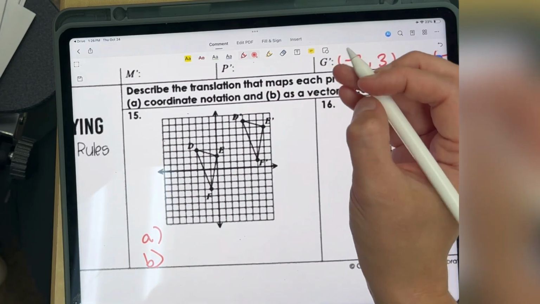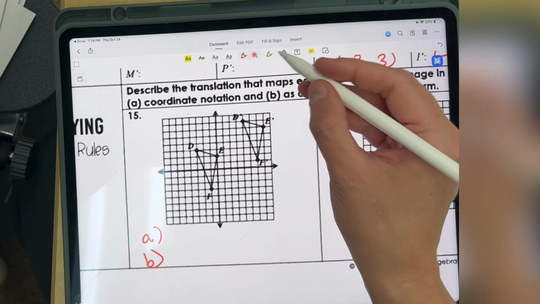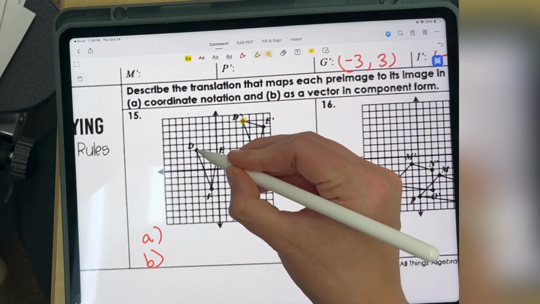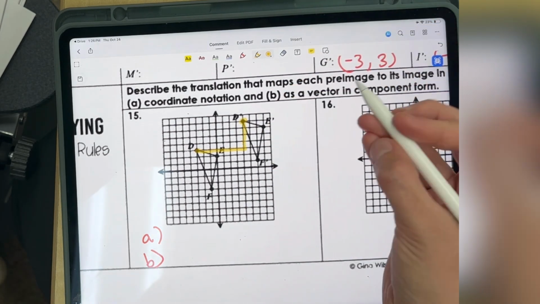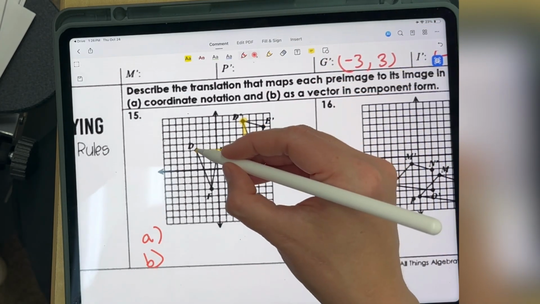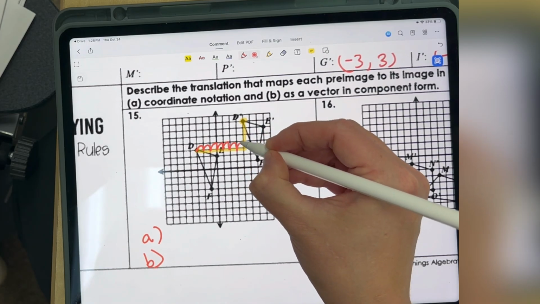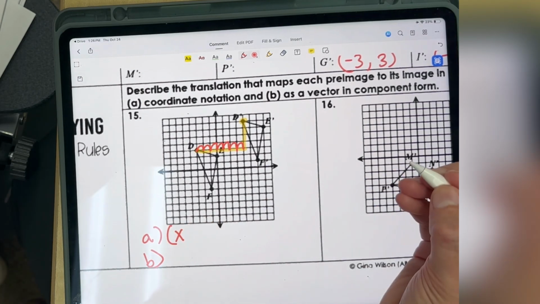All you have to do is count one of them. Sound good? So pick whichever one you like the best. I'm going to start at D. Here is D prime, here is D. How many over do I go? How many up or down do I go? Well, let's count. 1, 2, 3, 4, 5, 6, 7. So X, would it be plus 7 or minus 7?